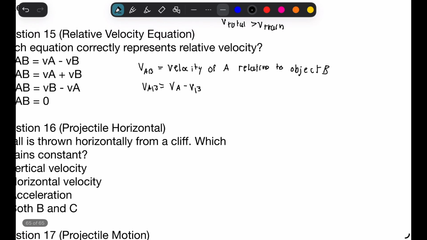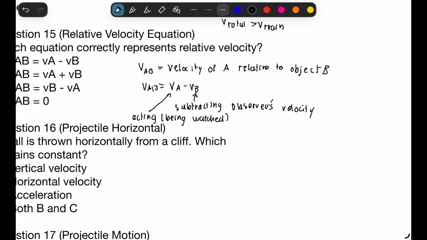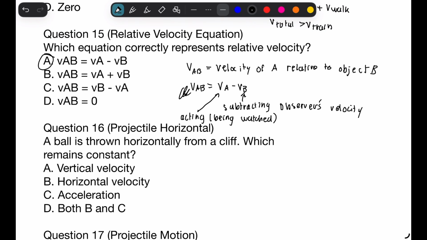So our relative velocity is found by subtracting the observer's velocity. So this is your observer, and then this is the thing that is acting. This is your thing that is being watched. Your observer is the watcher. And then this side is your relative velocity. So that is just option A.